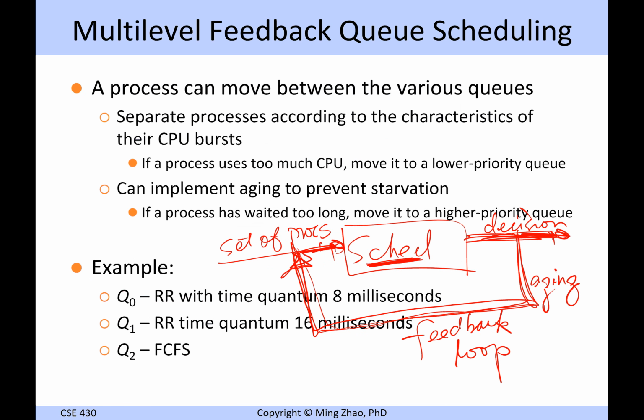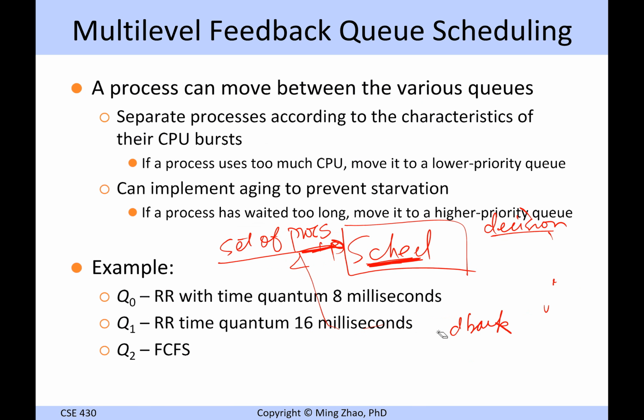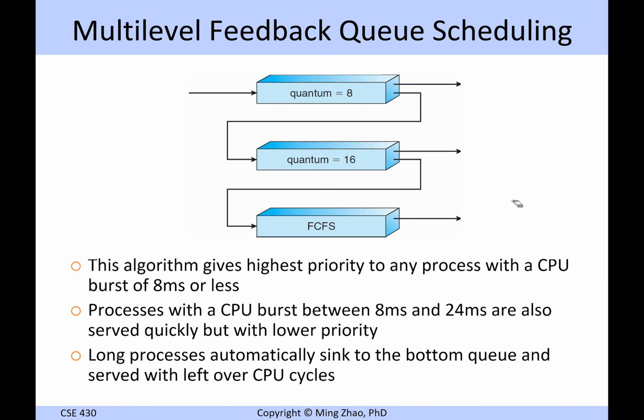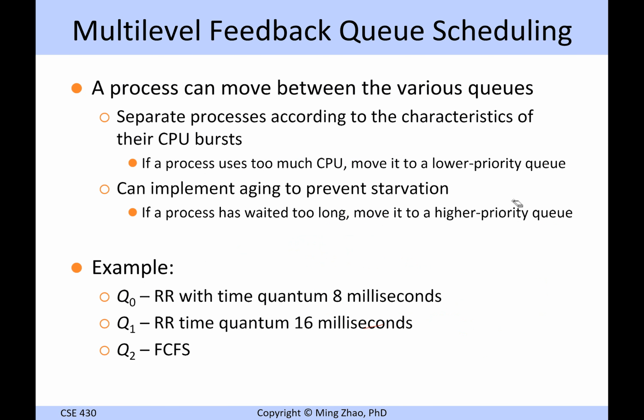In Q1 we also use round robin scheduling with a time quantum of 16 milliseconds, and in Q2 we use first come first serve scheduling. I'm telling you the scheduler and the parameters, but based on this, you can guess what kind of processes should go to which queue. Obviously Q2 is for background processes.